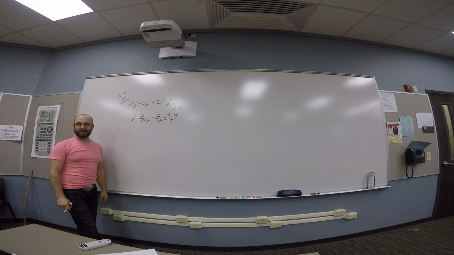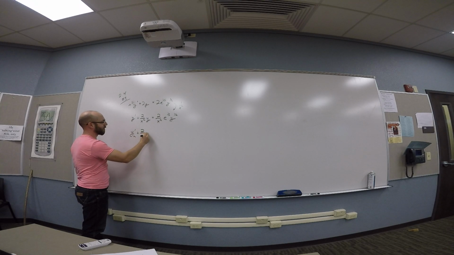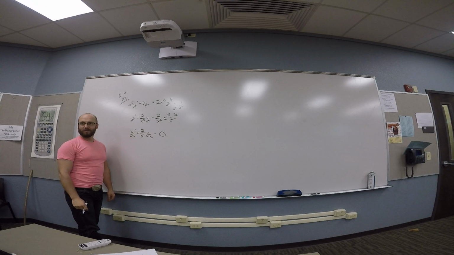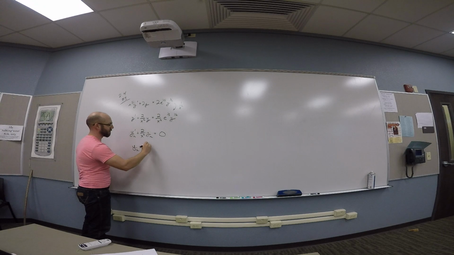Then I'm going to try the homogeneous version. So y homogeneous prime plus 2 over x squared y homogeneous is 0. So y homogeneous is e to the minus integral of 2 over x squared dx.